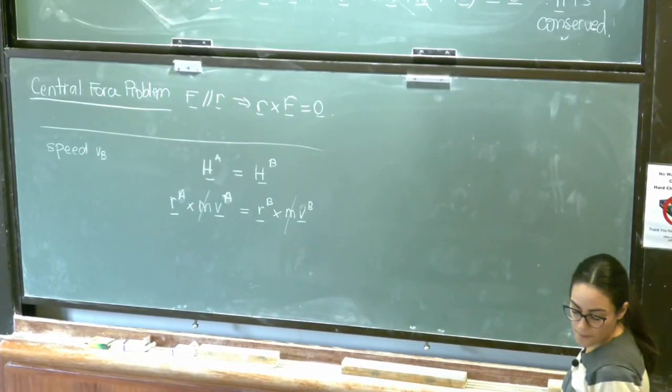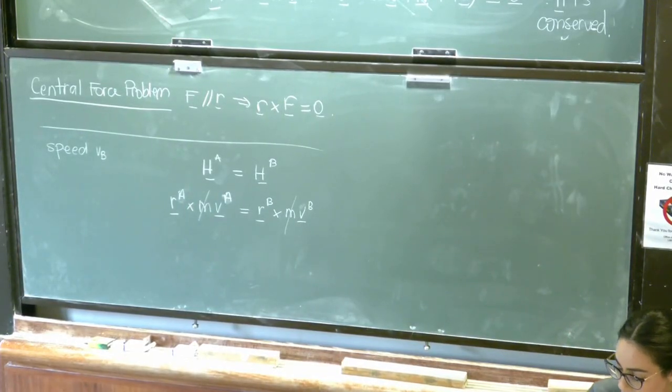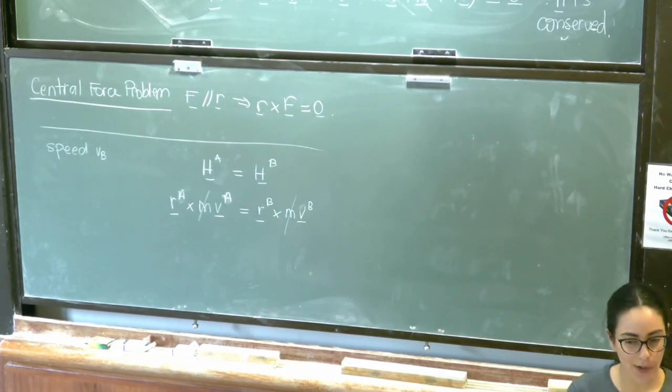Okay. So actually here, I care about only the speed, VB, and I'm given distances and angles. So any ideas on how to proceed? It's actually one quick step, but what is it?